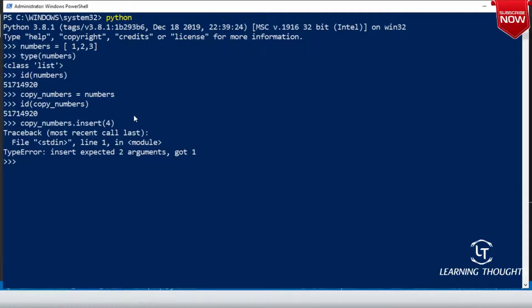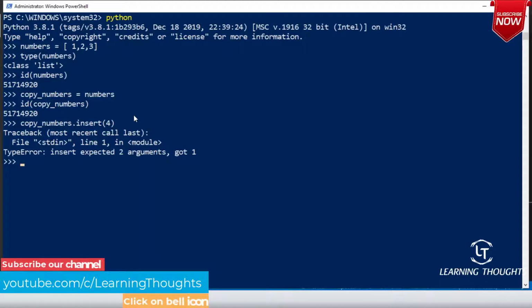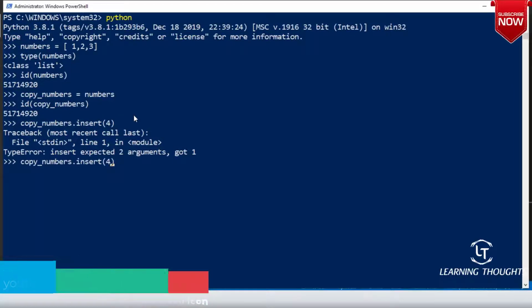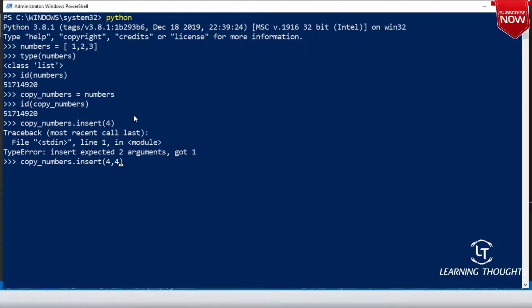Sorry, my bad, syntactical problems. So insert 4, comma 4, comma, is it 3 or 2? I want to insert it over here. Now let me print copy_numbers.